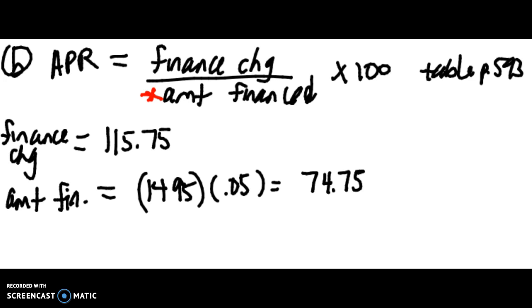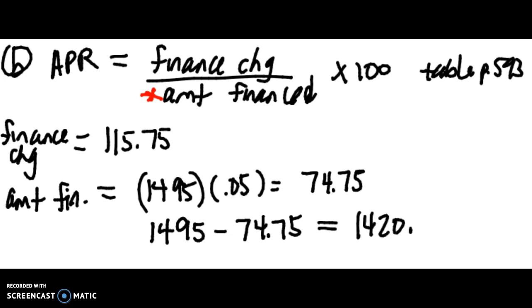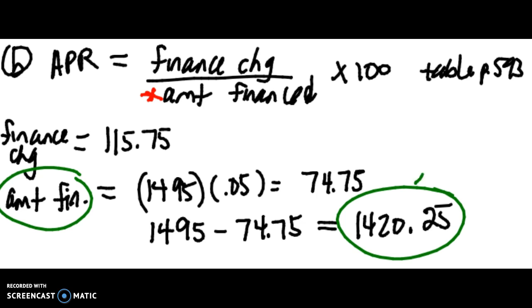We also found this in part A, which means that she only financed the difference of the selling price and the amount she put down. So if we subtract $1,495 minus $74.75, we will find that she financed $1,420.25. So that's the amount financed. Okay, and that's what we're going to divide the finance charge by.